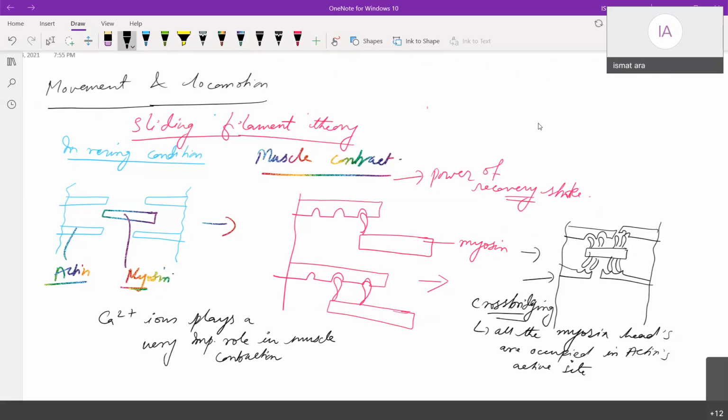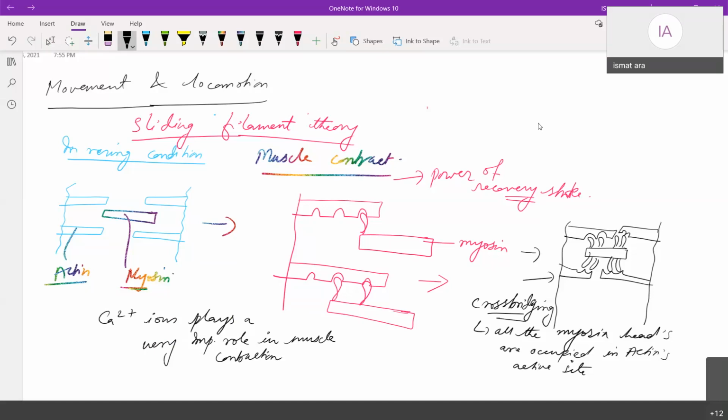Here I have not told you the function of the T tubule. I am just giving you the basics of the sliding filament theory, because we know the T tubule also plays a very important role.